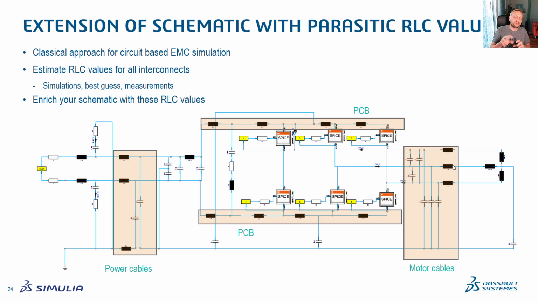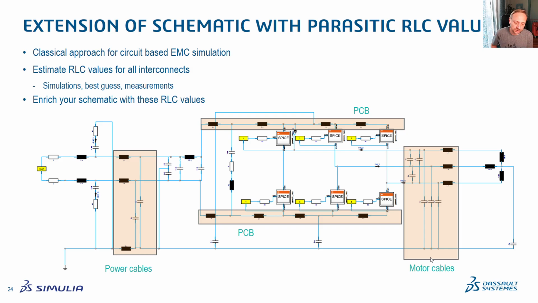Then step by step, these parasitic values are put onto the schematic. As I did before with the schematic of the inverter, I'm now adding simple parasitic values for the power cables, for the top side of the PCB, for the bottom side of the PCB, for the motors, and so on. People have done this for many years, and it's a valid way.